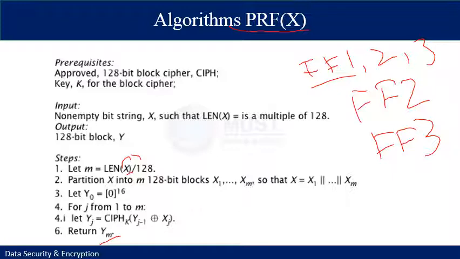In essence, PRF_K of x uses CBC encryption with x as the plaintext input, encryption key K, and an initial vector IV of all zeros. The output of the last block is the ciphertext produced. So it takes the 128-bit block cipher and a cipher function key for the block cipher. Inputs are string x and the length of x, and it provides an output of a 128-bit block y.